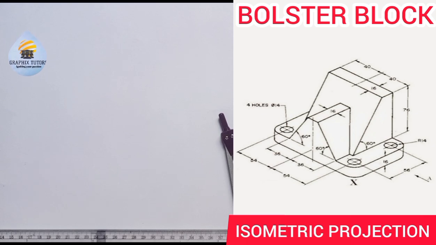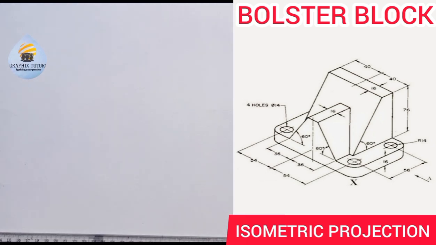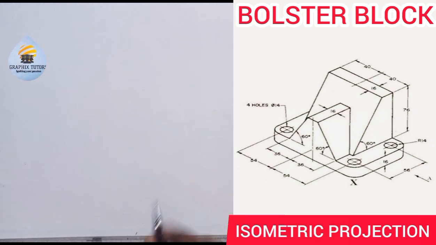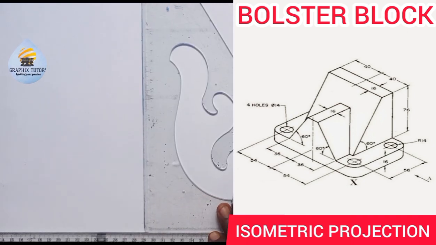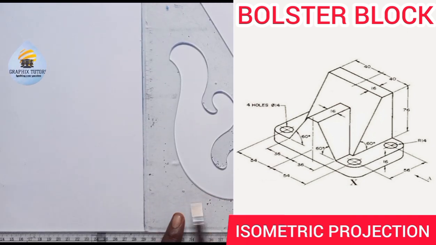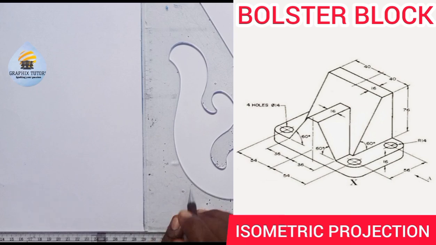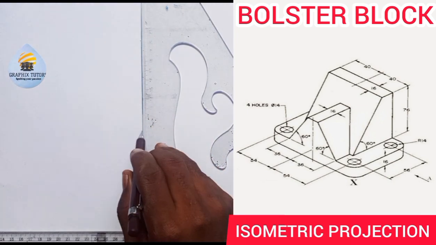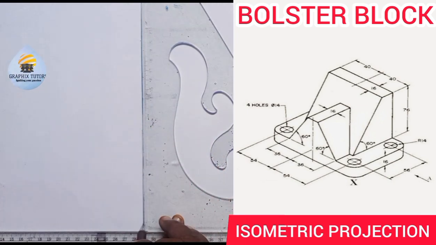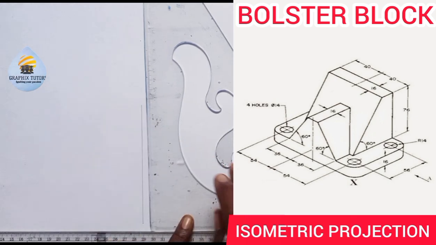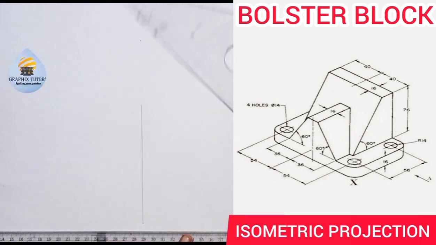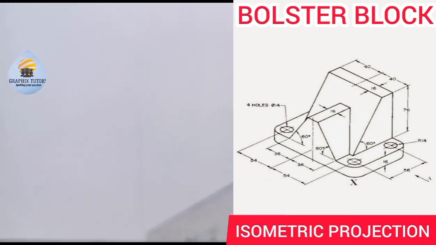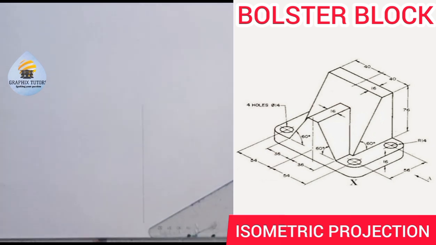So when you hear the word isometric projection, the first thing you have to do is draw the isometric axis in this manner. So I'll take my instrument and I'll draw this up. Can you see that? Now place it this way, and I'll also draw this in this manner.